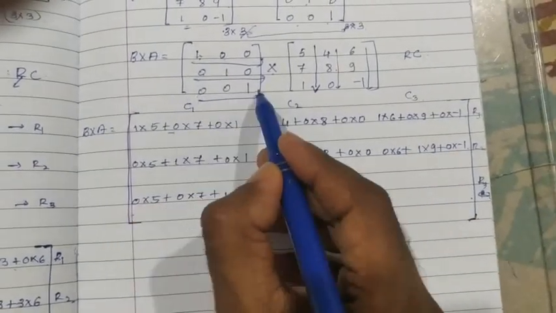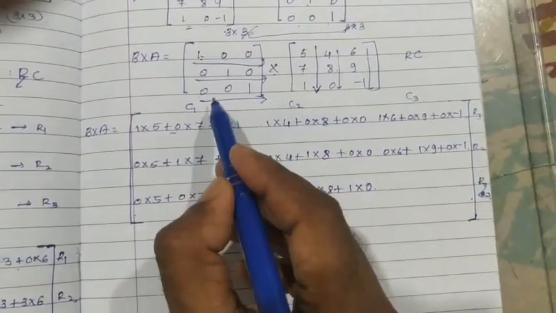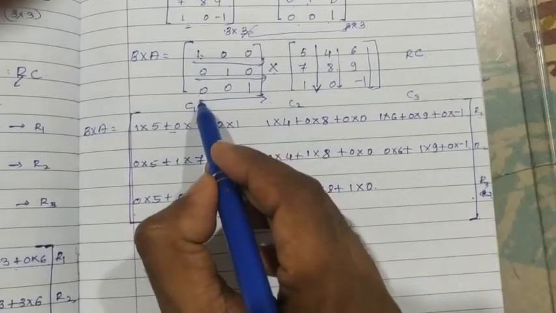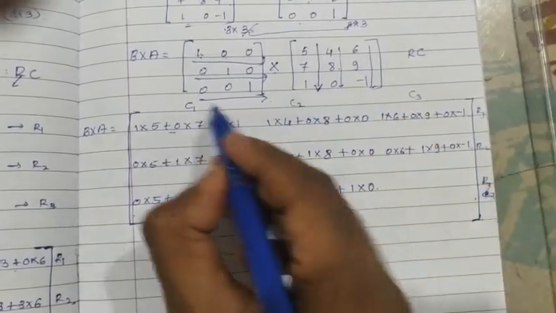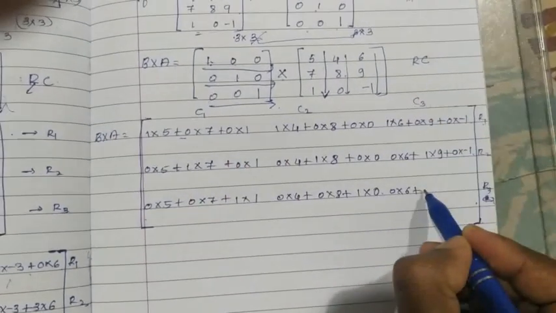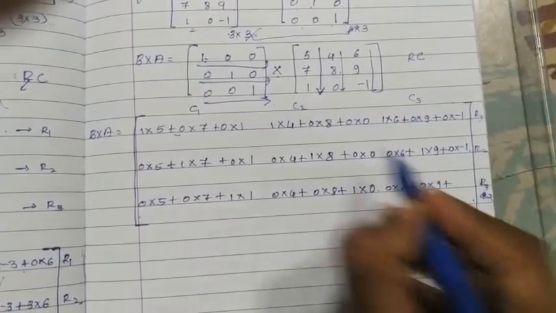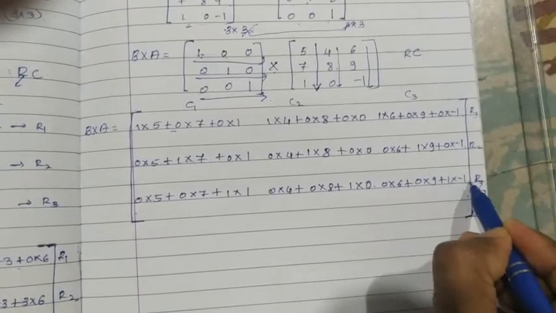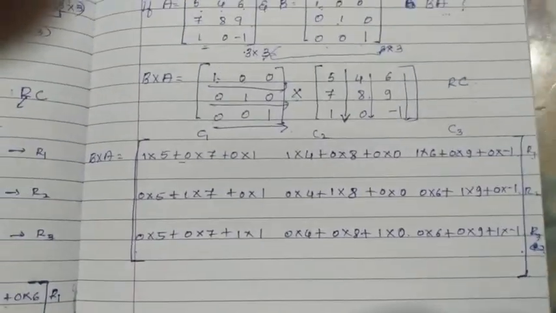Next, third row, third column: 0 into 6 plus 0 into 9 plus 1 into minus 1. So here all the entries are over.